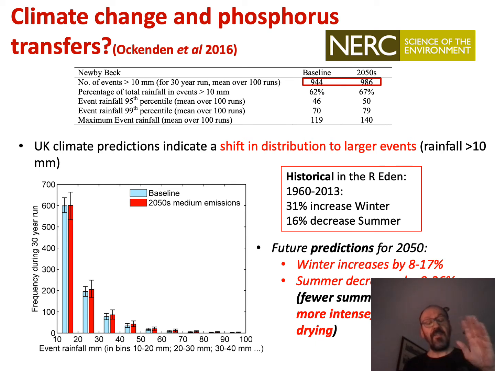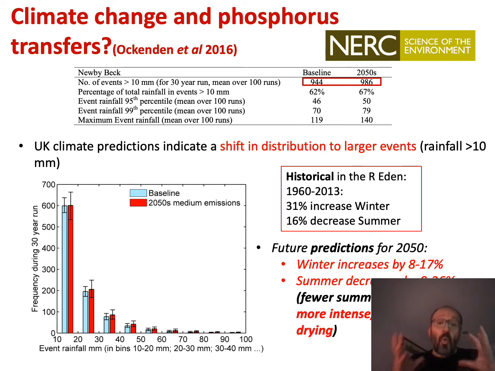Taking that as the back story, looking ahead to the modelled future, the climate change models based on the climate colleagues that we were collaborating with also show that pattern continues, with a predicted increase in winter rainfall of between 8 to 17% up to the 2050s, and a summer decrease by a correspondingly small amount.